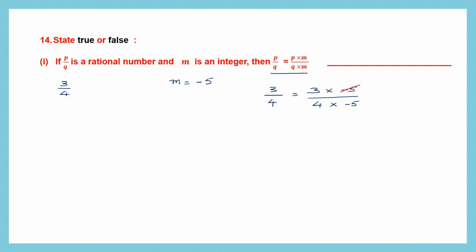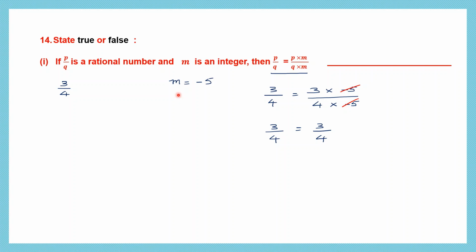Here also we can cancel minus 5. So what do we have on the left hand side? We have 3 by 4 equals 3 by 4 on the right hand side. That means if M is a negative integer, this statement is true. Okay, so we have proved that the statement is true when M is a negative integer or a positive integer.